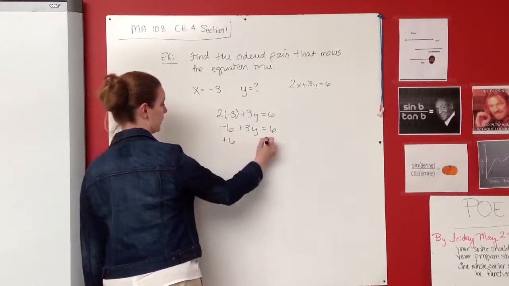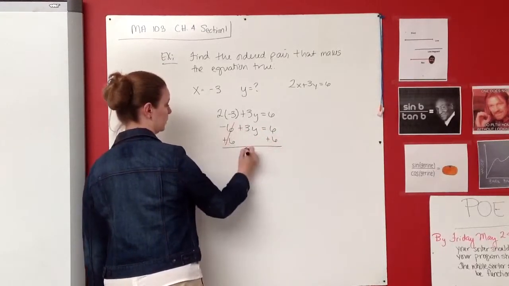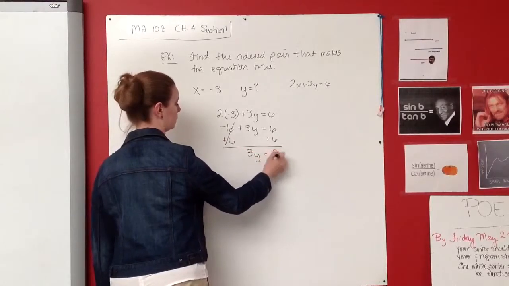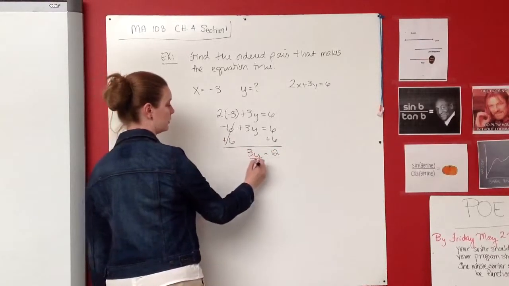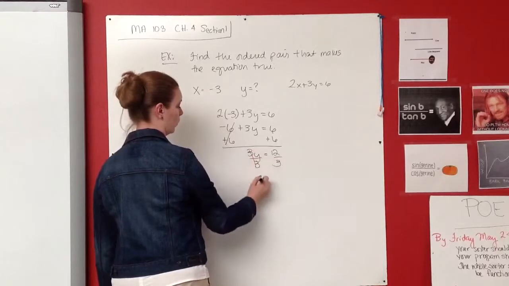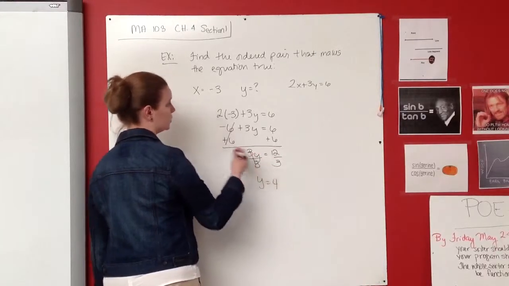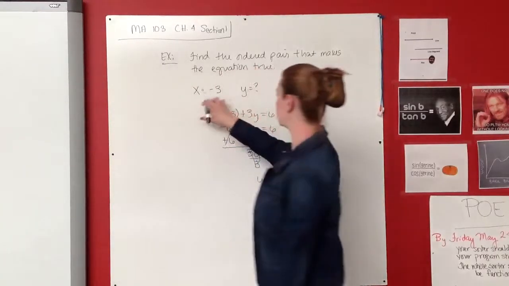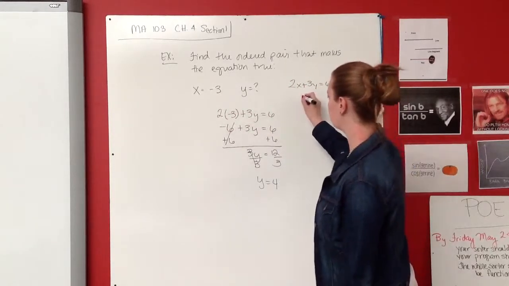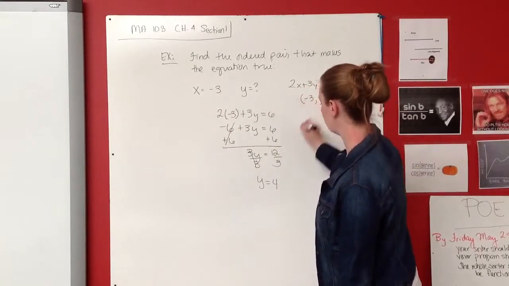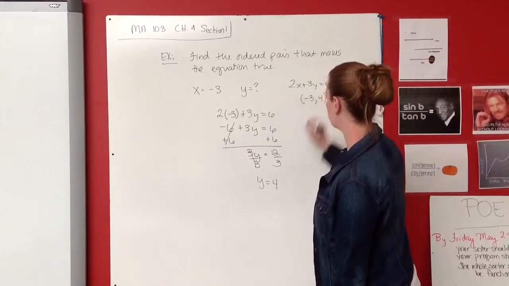Add 6 to both sides. 3y equals 12. Divide both sides by 3. y equals 4. So the ordered pair where x is -3 that makes this equation true would be -3 as your x-coordinate and 4 as your y-coordinate.